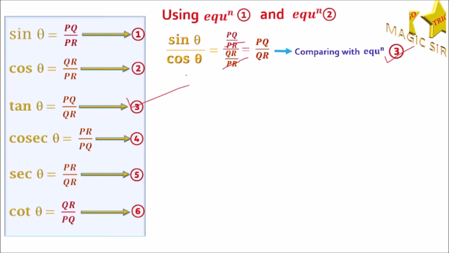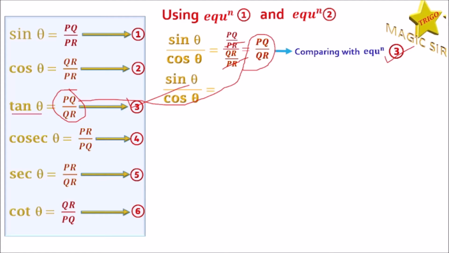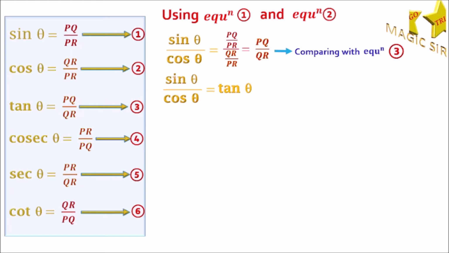Comparing with equation 3, tan theta is equal to PQ upon QR, and here sin theta upon cos theta is equal to PQ upon QR. So we can write sin theta upon cos theta is equal to tan theta.